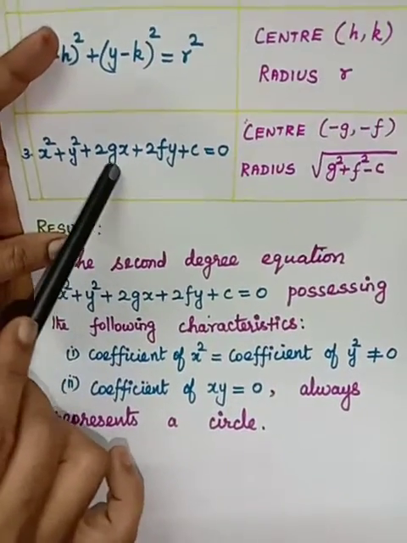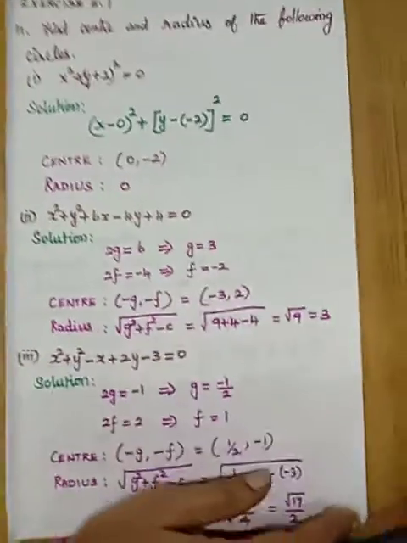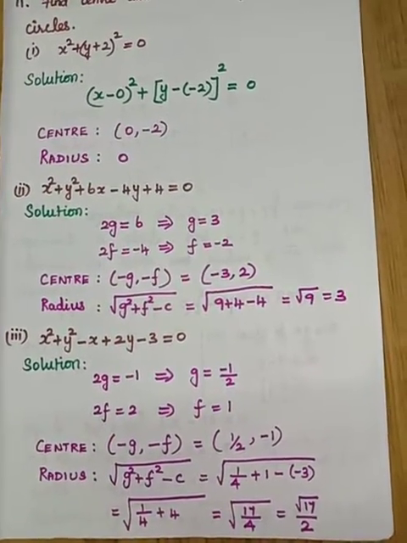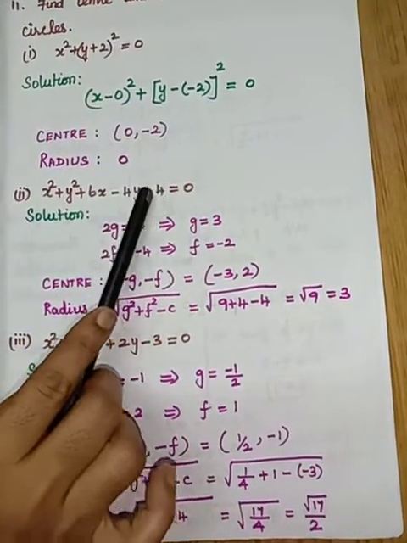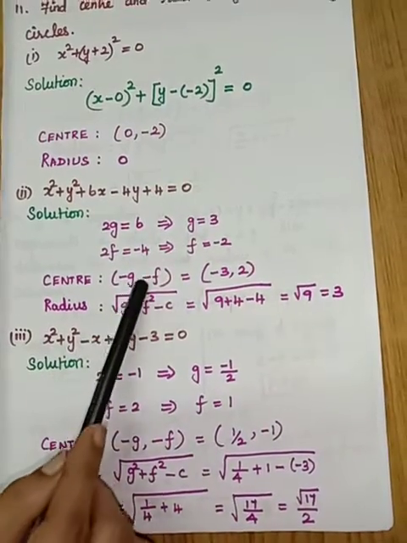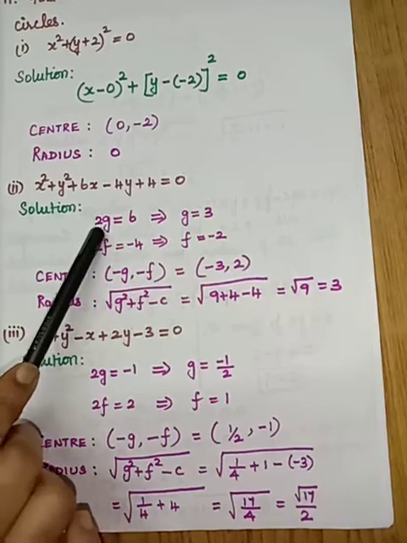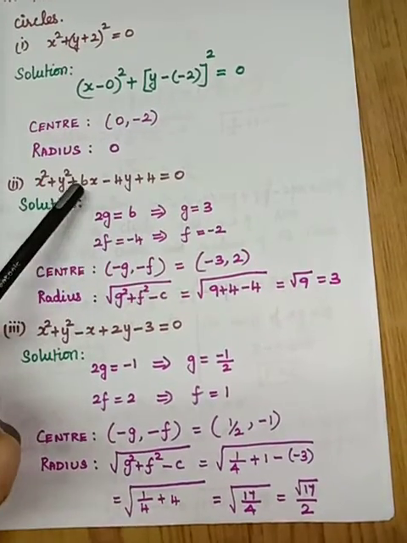From that we have to find g and f. So the equation is in the form of x squared plus y squared plus 2gx plus 2fy plus c is equal to 0. For the center formula we need g and f. So first, 2g is nothing but the coefficient of x.